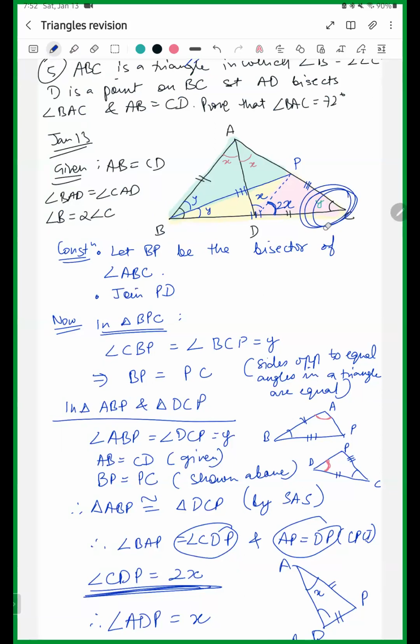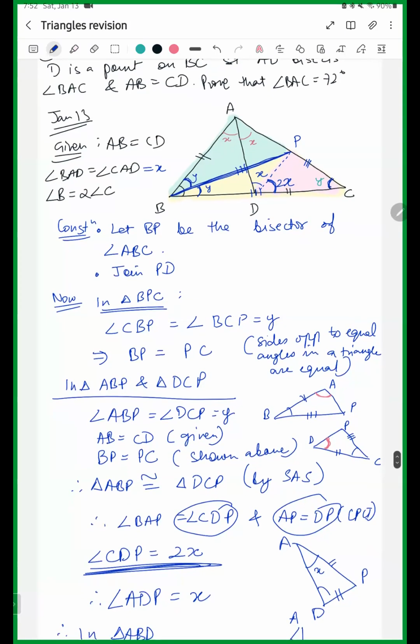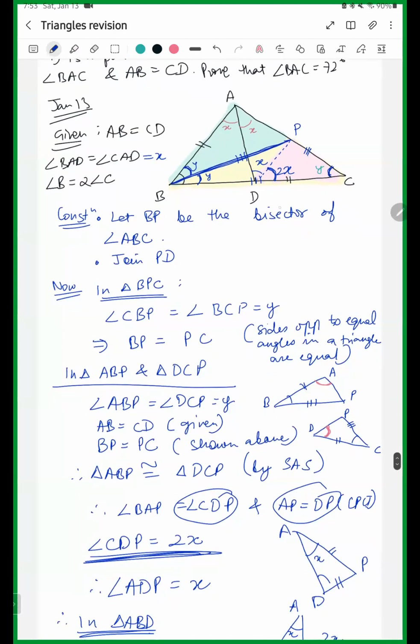So we did a construction where we made an angle bisector, and hence this angle became y and this angle became y and this angle is also y. Then we said let these two angles be x and x. And because this was given that this angle BAD is equal to angle CAD, so we said it is equal to x.